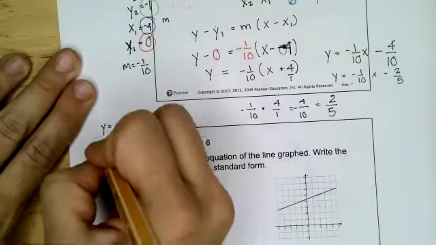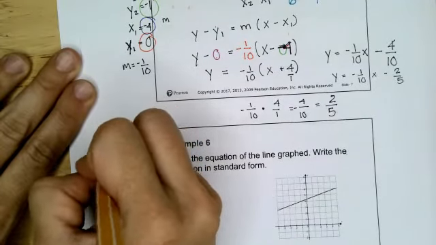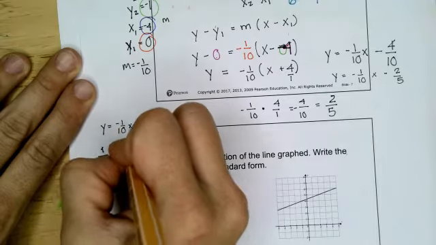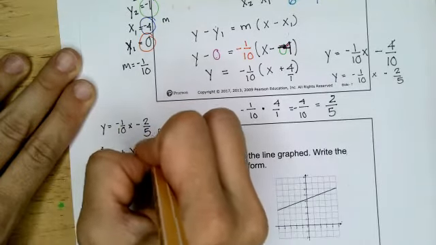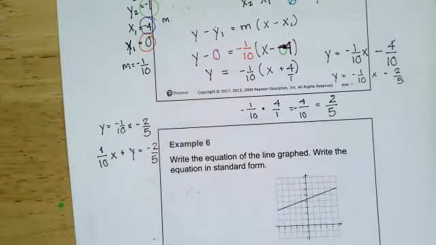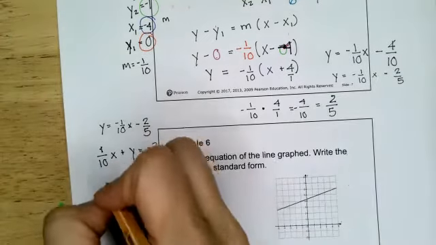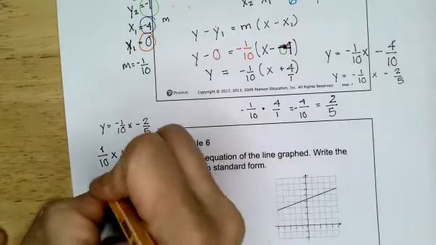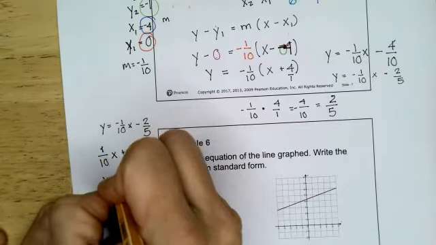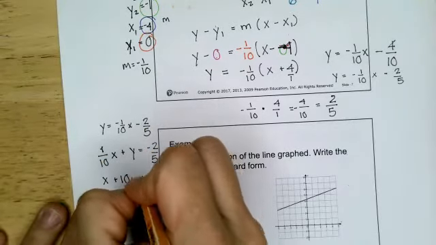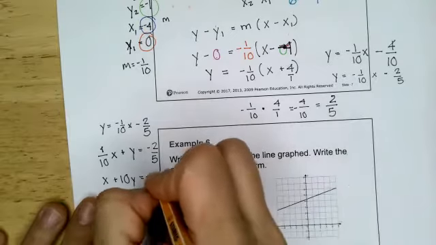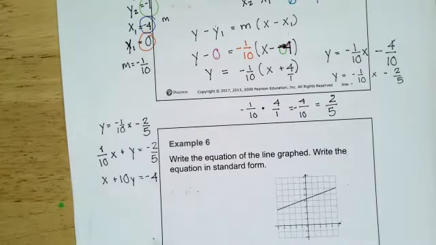So that is now +1/10 x plus y equals -2/5. That would be standard form. They would also love it if there were no fractions. So you could also multiply everything by 10 and say it's x plus 10y equals -4, but that is not going to be on the exam. Okay. I don't want to spend a lot of time on it.